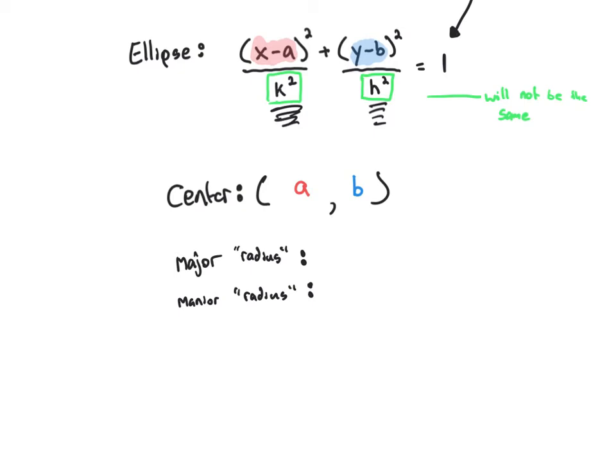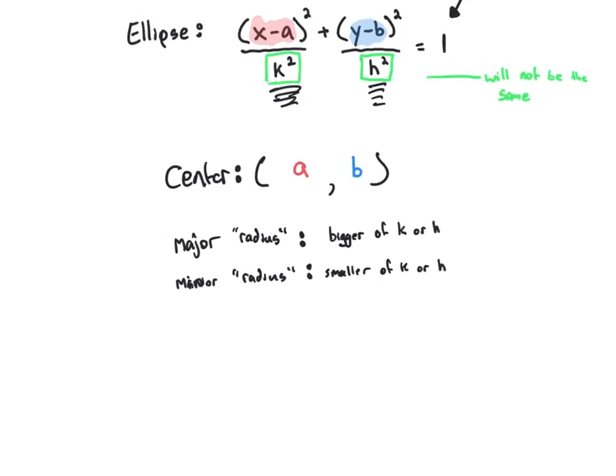So the major radius will be the bigger of K or H, and the minor radius will be the smaller of K or H. And so what that's going to do is tell us how far we stretch.